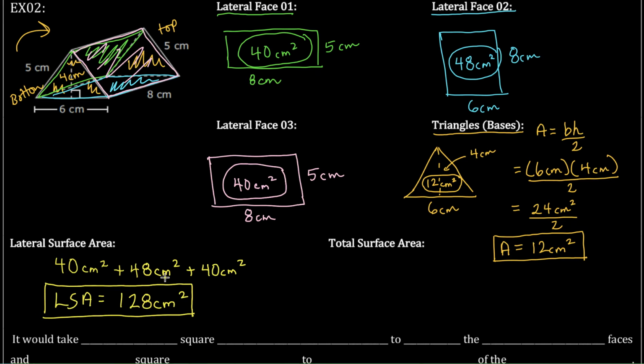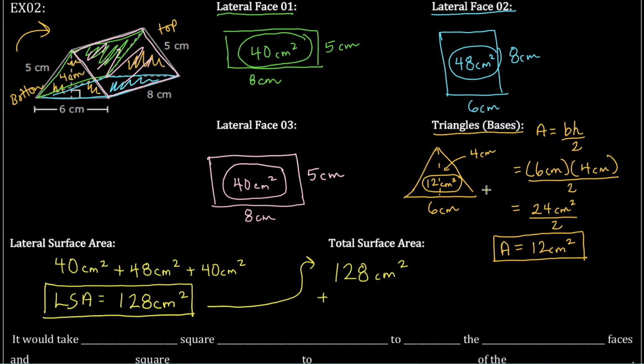Okay, cool. Now remember, the total surface area is all of the areas combined. And so I'm going to add all the lateral faces at once, and I get 128. This is the area of all the lateral faces. There you go. And we're going to add the top and the bottom. Remember that there are 2 of these.